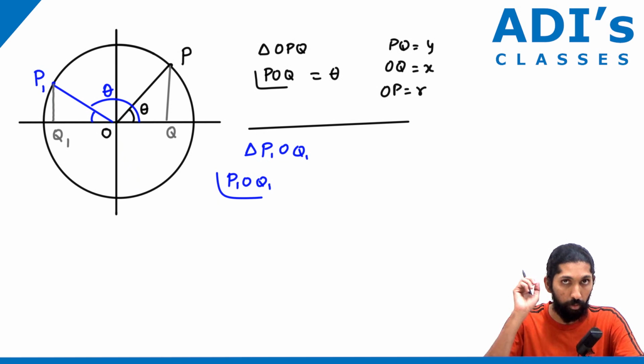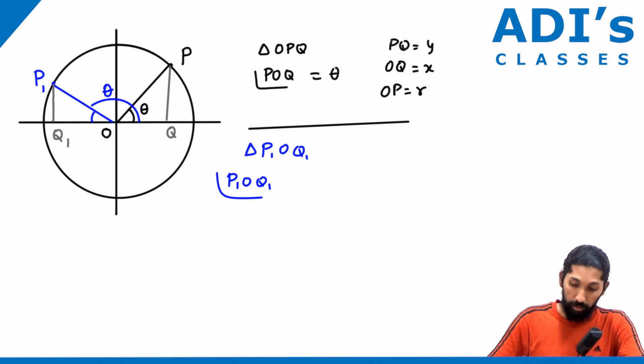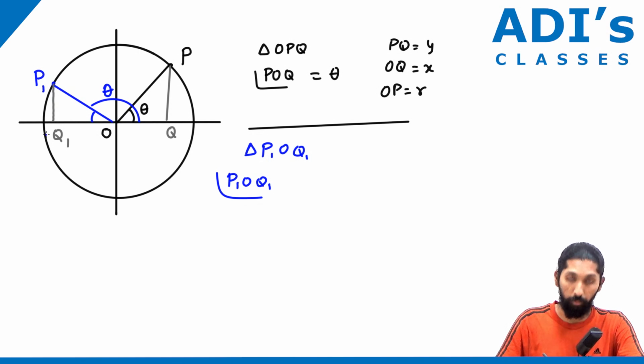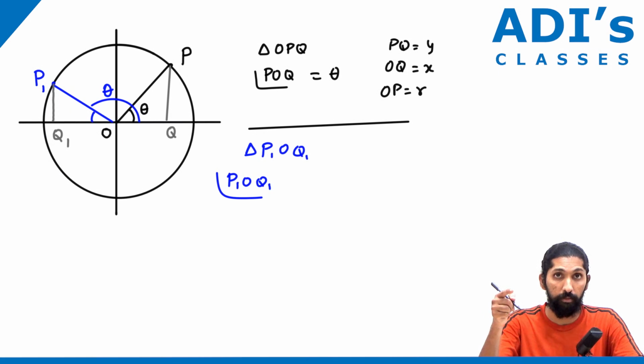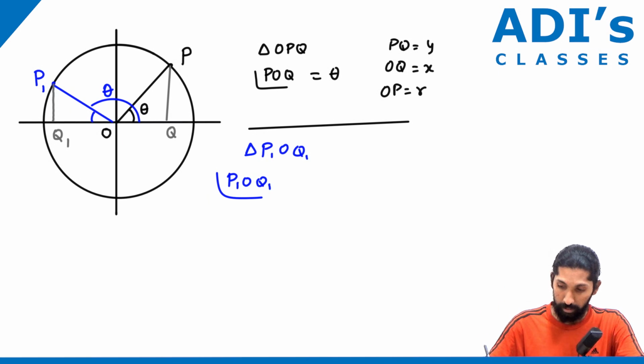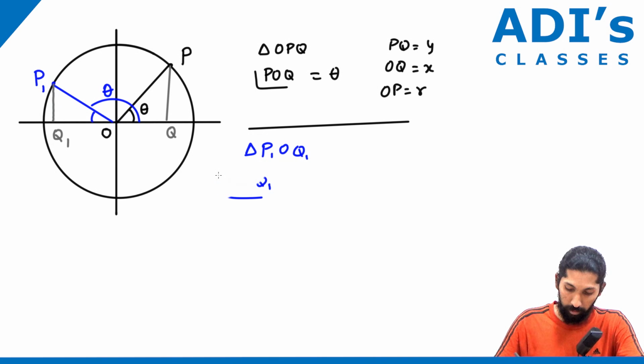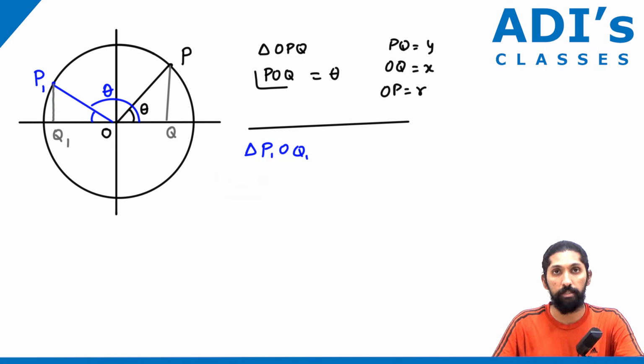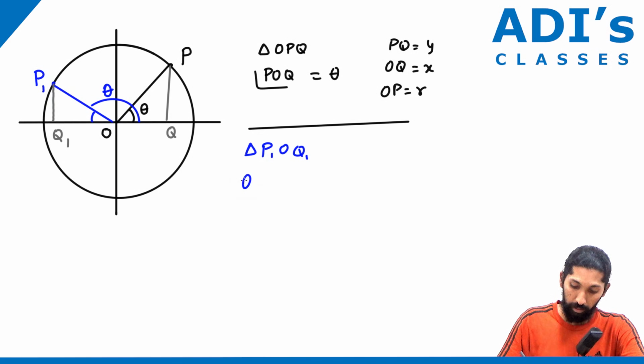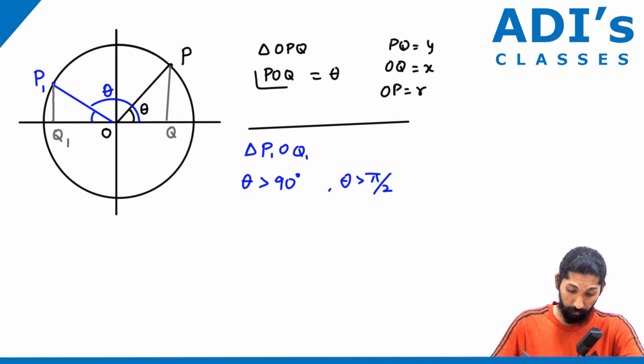I'm talking about the second quadrant now, please understand. To be a little clearer for you, we are going to say that for any point in the second quadrant, the value of theta will be greater than 90 degrees, or you can also say that theta is greater than pi by 2. Correct?